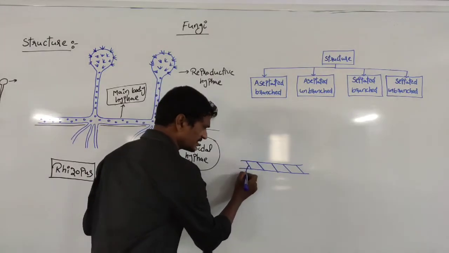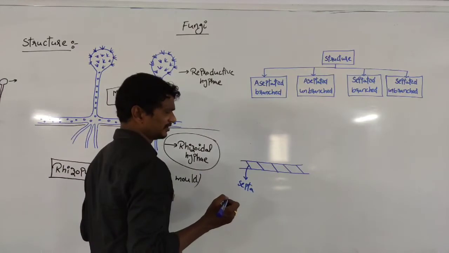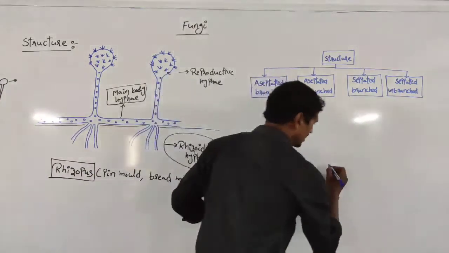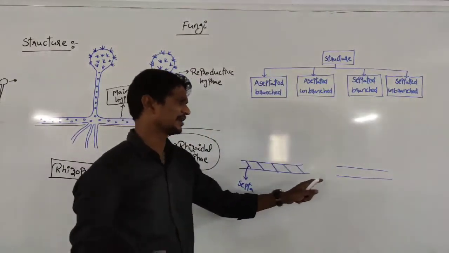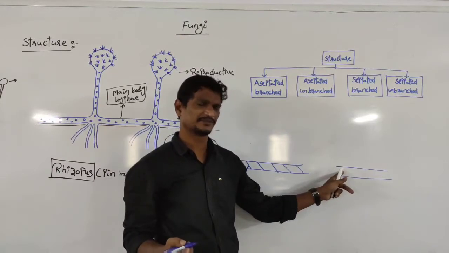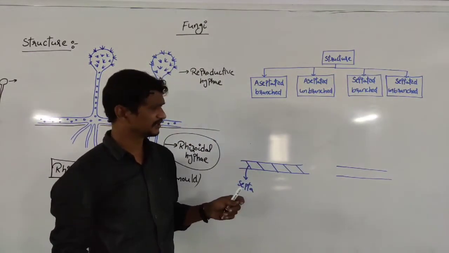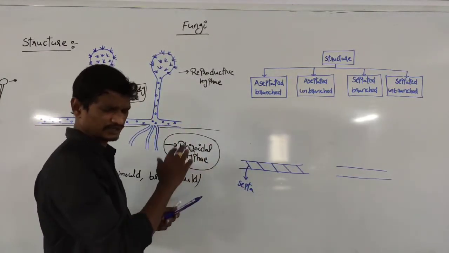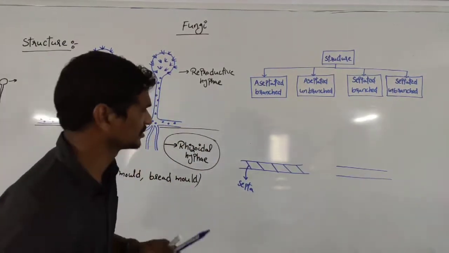These structures are called septa. In certain cases, the septa are absent. So this is one of the mycelium where septa are absent, so this is aseptated. And this is septated. Based on that, we will discuss what is septated, branched, aseptated and unbranched.